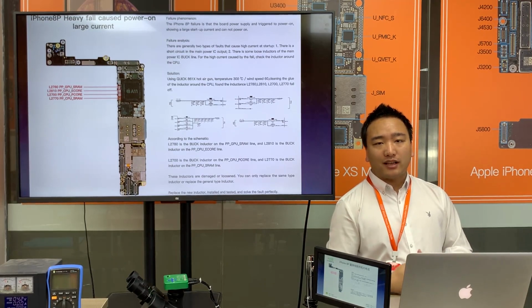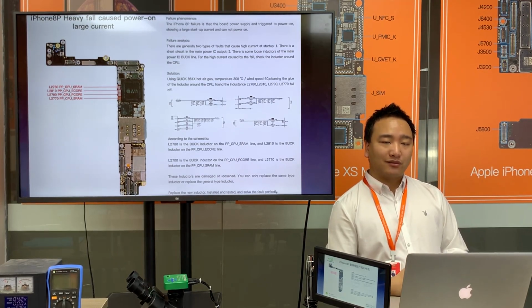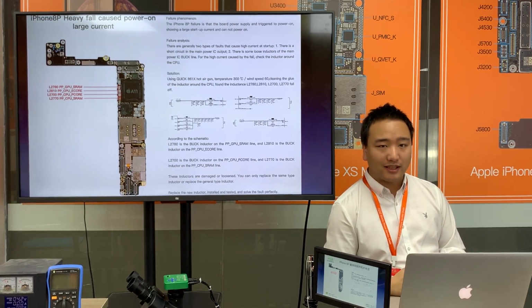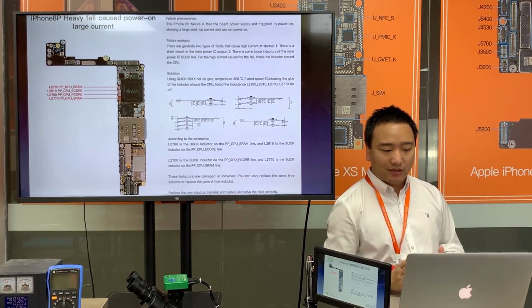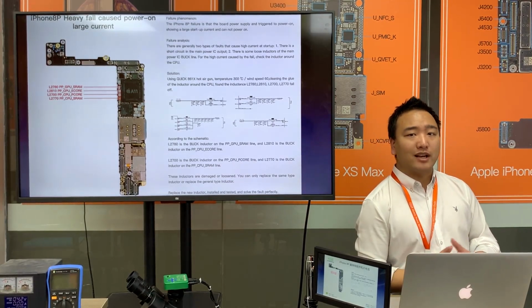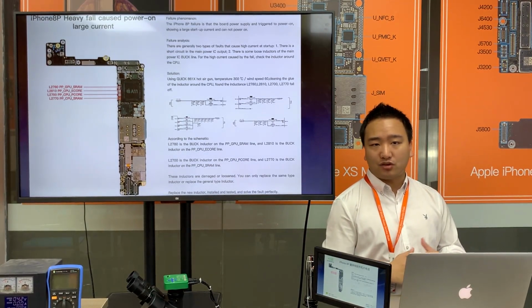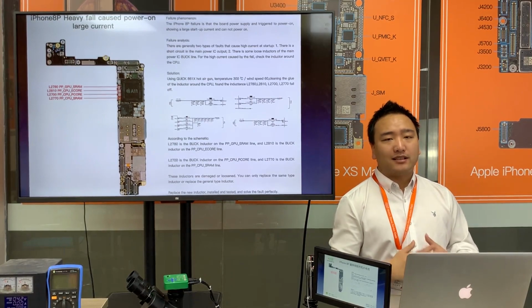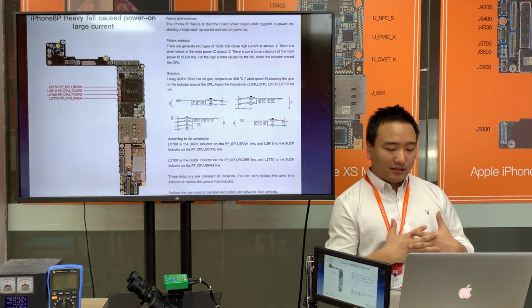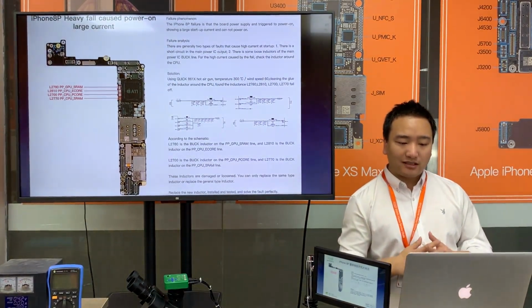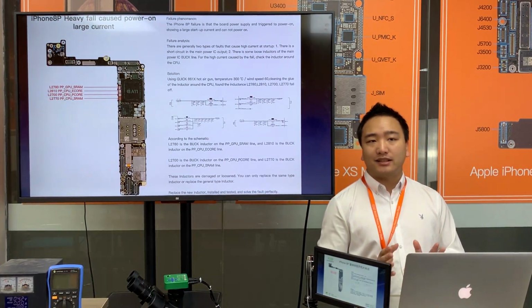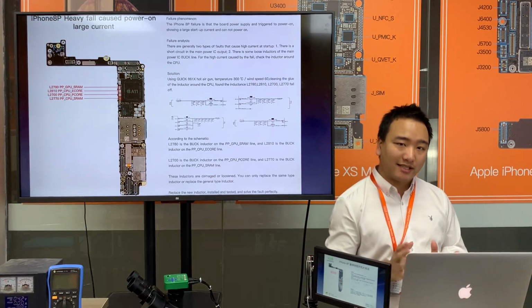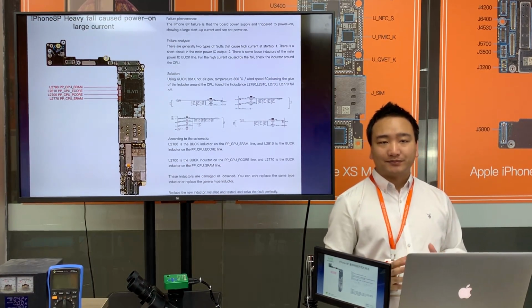The buck circuit means the PMU inside cannot lower this voltage, so it needs to use an outside buck inductor to make the voltage lower. And what is the buck inductor? We have shared it with you guys in other teaching material. You can find it, it's okay.